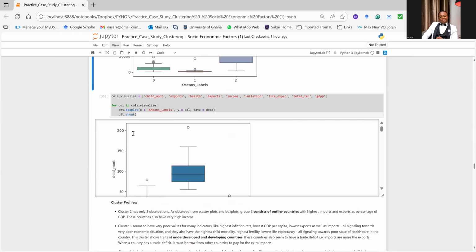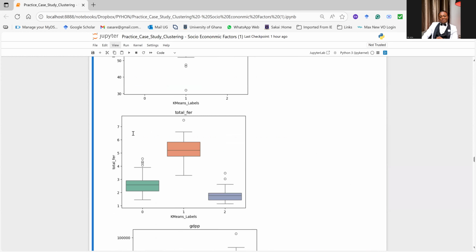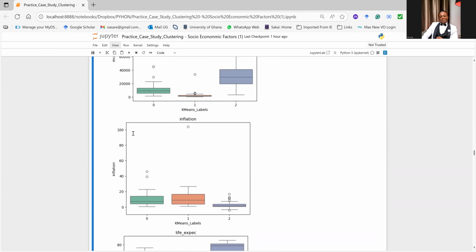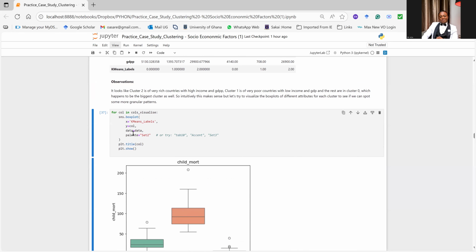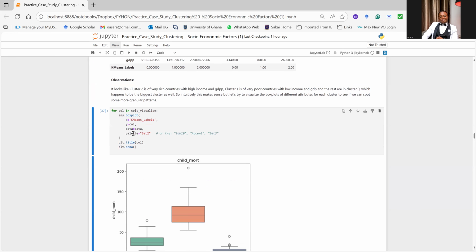Here we have indicated that it should use the coloring. I don't know why it didn't do that, but I've just used this command, and it gives the same thing, this time with different colors. Here we've indicated clearly the palette, and so it will set each group with a different color. You can try this or use the original one.